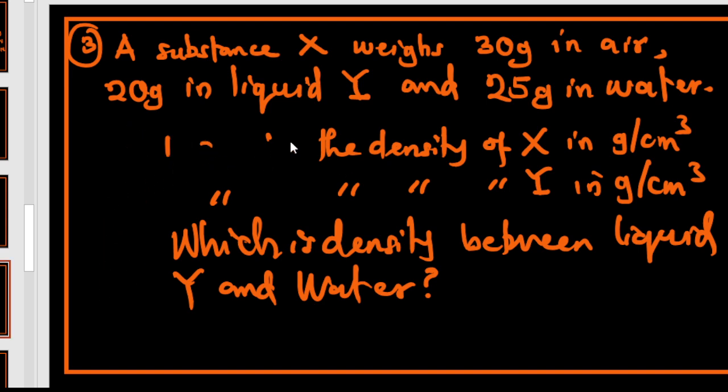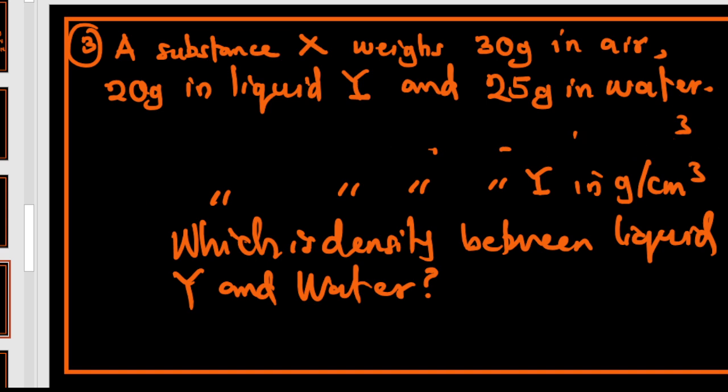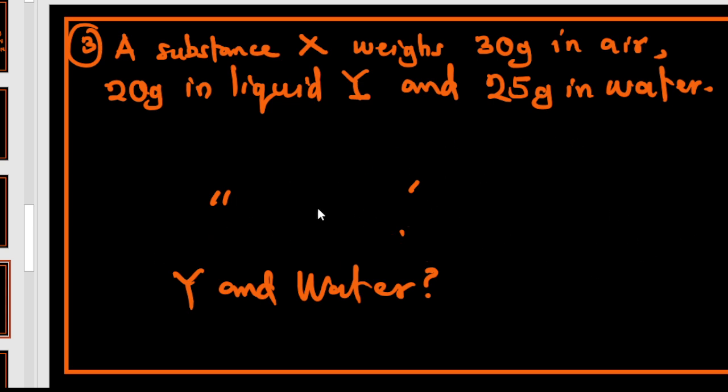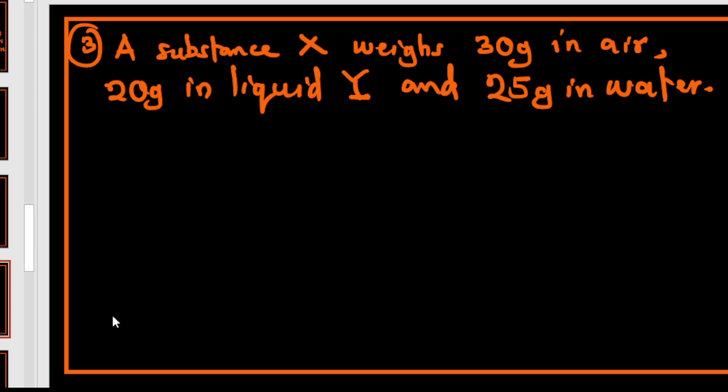So we are looking for the density of X. Now you can use the first formula I gave to you to find RD. Recall that RD of X should be weight in air over weight in air minus weight in water.